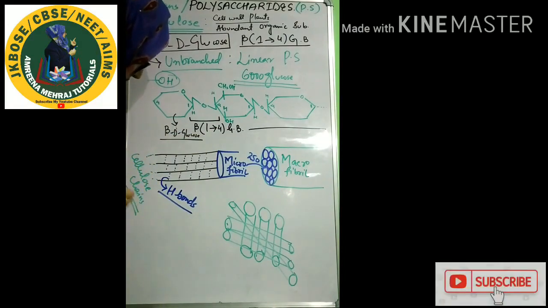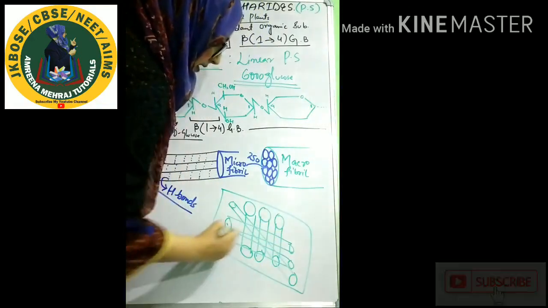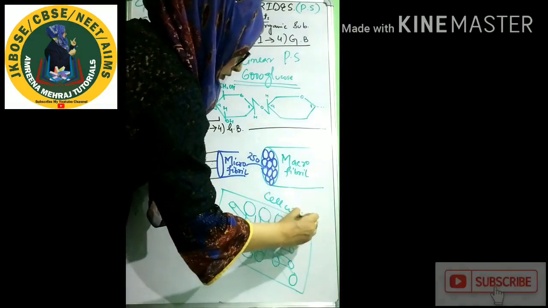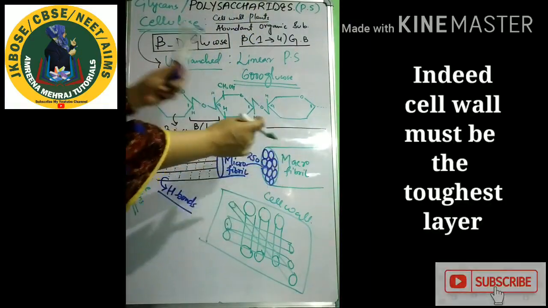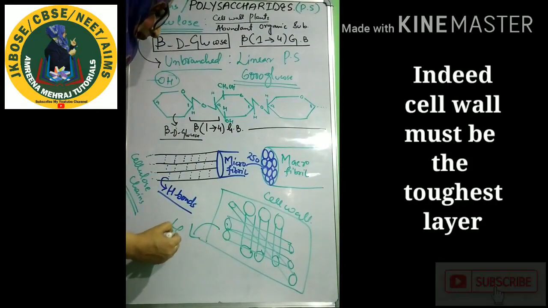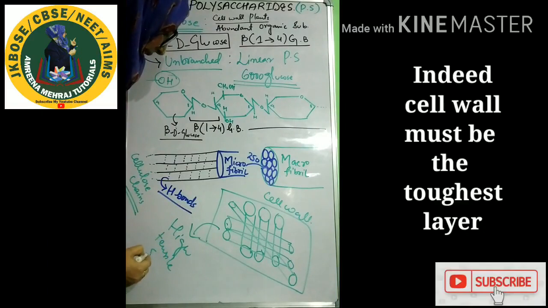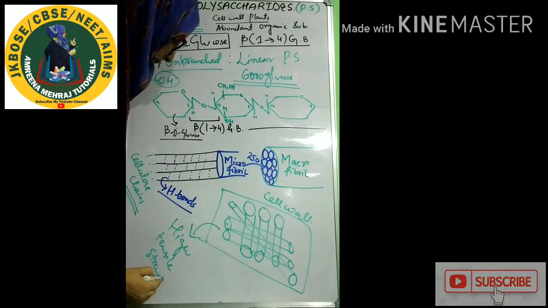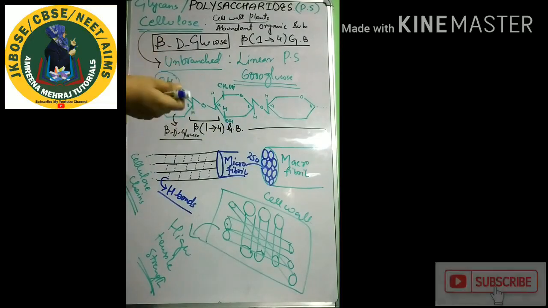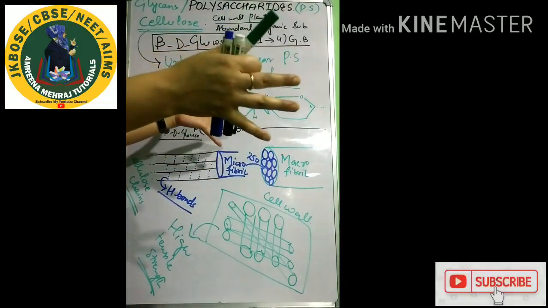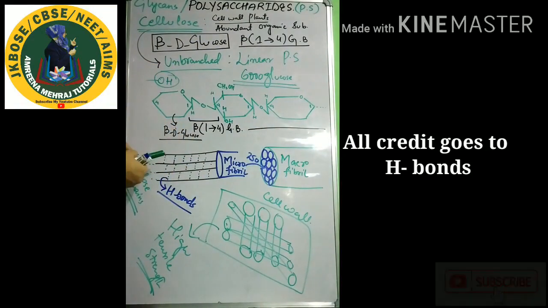Okay, so you can see now that this is the condition with your cell wall. You can see how much strength this cell wall will have. It will have high tensile strength because it's made up of so much tough material which has got its toughness from these hydrogen bonds between the individual cellulose chains.